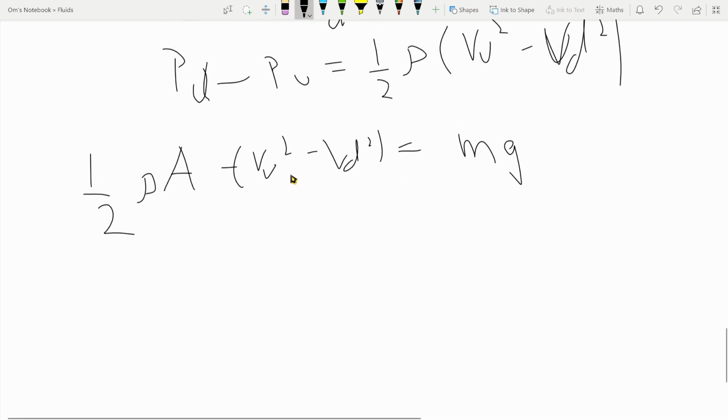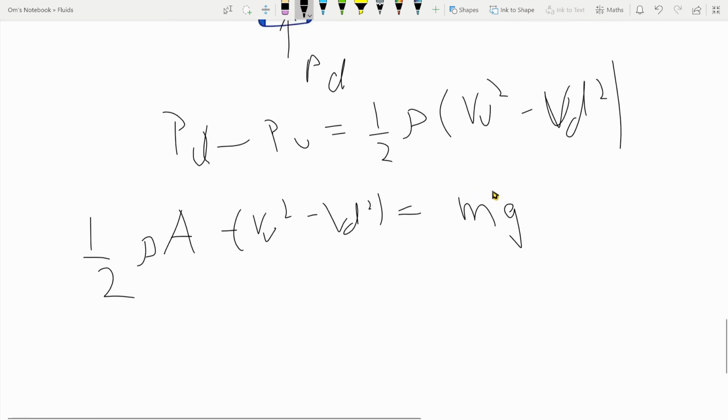And solving this equation, you'll find the difference in velocities that you need by numerically inputting the values. You'll find the difference in velocity that you require, and an engineer will probably find a way to make that work. So I believe this will be pretty much it for this video.